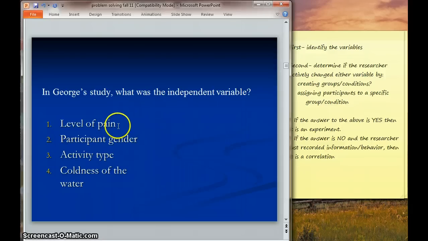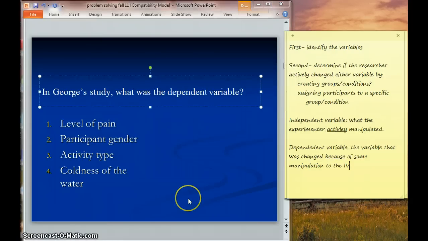Subsequently, level of pain probably changed, but what he was really interested in manipulating was the independent variable, and that was activity type. Now, the inevitable other question: what was the dependent variable? Look back over to the sticky note. I've changed it a little bit. The dependent variable is the variable that was changed because of some manipulation to the independent variable.